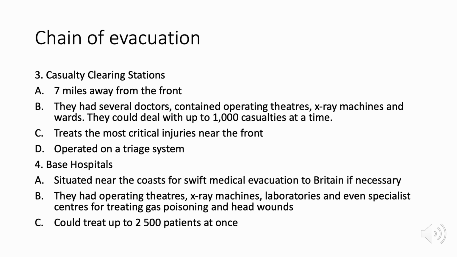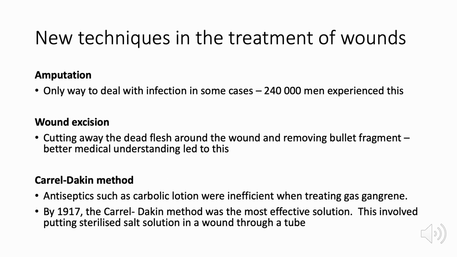Base hospitals again had operating theatres and x-ray machines, so they have even more specialist medical equipment, and they had specialist centres as well. That's how they're different. So they can treat gas poisoning and head wounds, for example, and they could treat up to 2,500 patients at once. So a base hospital is very similar to what we would understand a hospital to be.